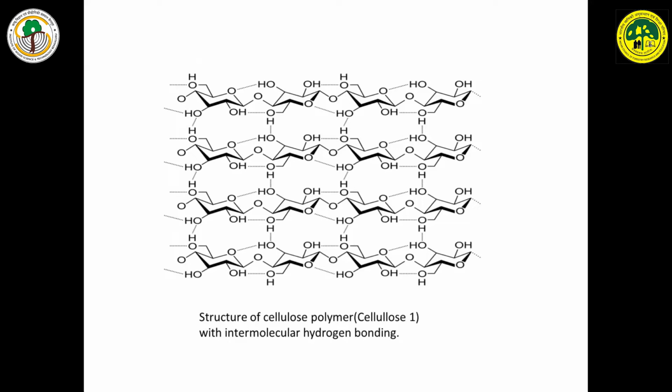In the structure of cellulose, this is the most suitable and realistic conformation, and it is the crystalline form. The amorphous form is irregular in nature and is not represented here. The cellulose present in plants is alpha cellulose, that means cellulose 1.